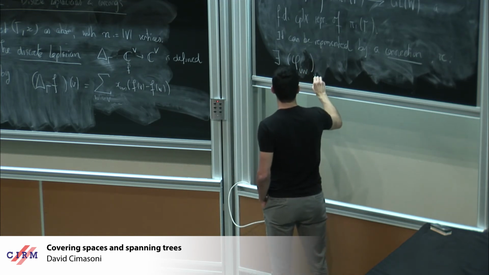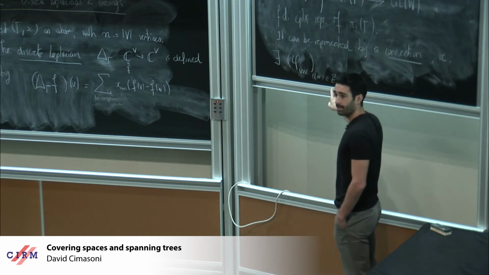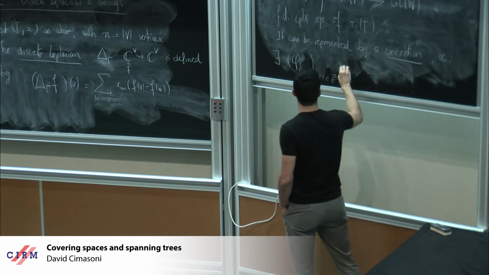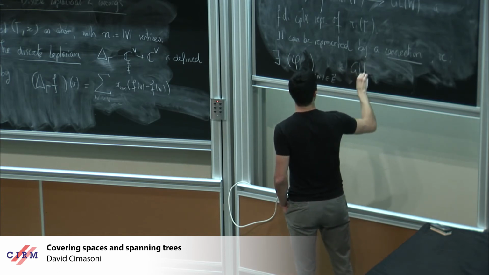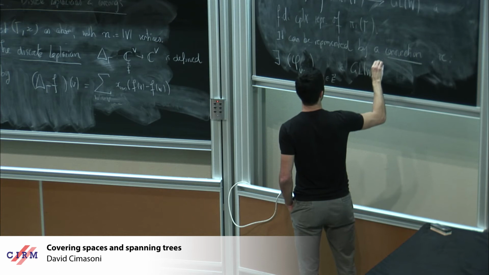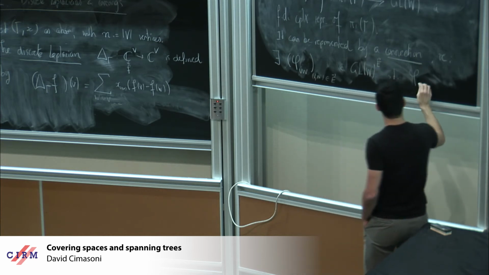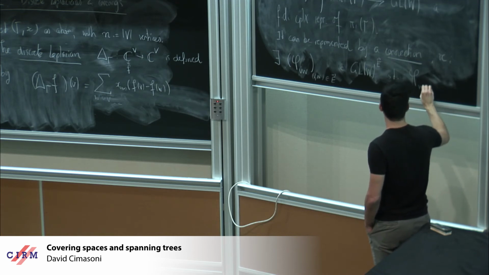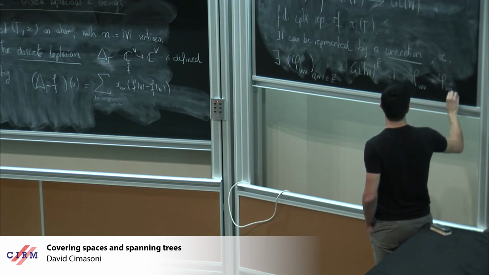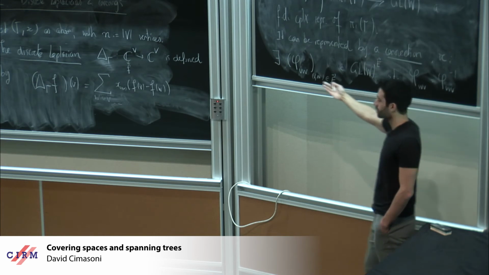For each oriented edge, now I really want to be precise. For each oriented edge here, I associate an element in GLW such that if you reverse the orientation of the edge, just take the inverse. So that's what is called a connection.